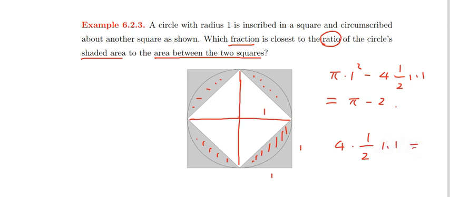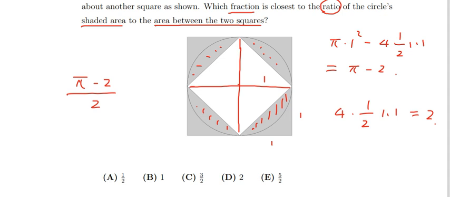So that equals 2. Okay, so the ratio is pi minus 2 over 2, right? This ratio is the shaded area.